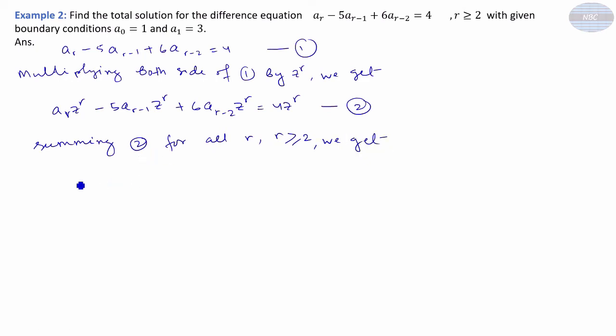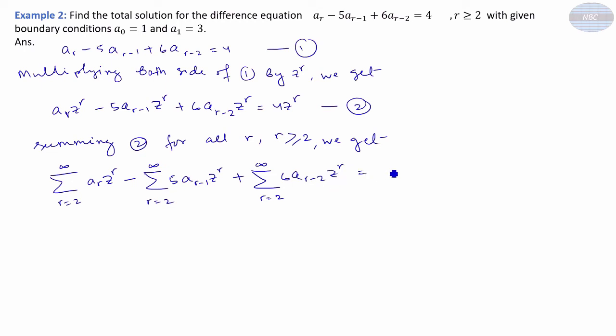So we get the summation r is equal to 2 to infinity ar z to the power r minus the summation from r is equal to 2 to infinity 5 into ar minus 1 z to the power r plus the summation r is equal to 2 to infinity 6 ar minus 2 z to the power r is equal to the summation r is equal to 2 to infinity 4 into z to the power r.